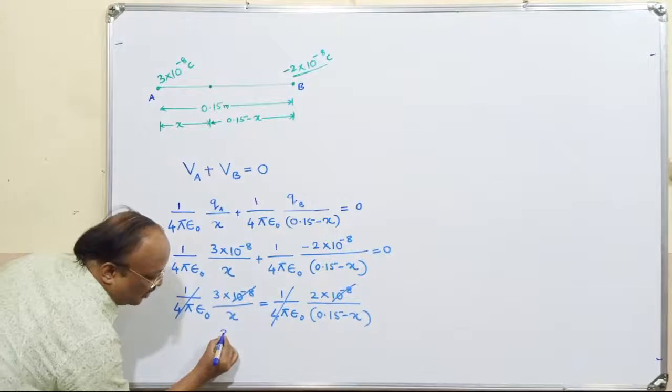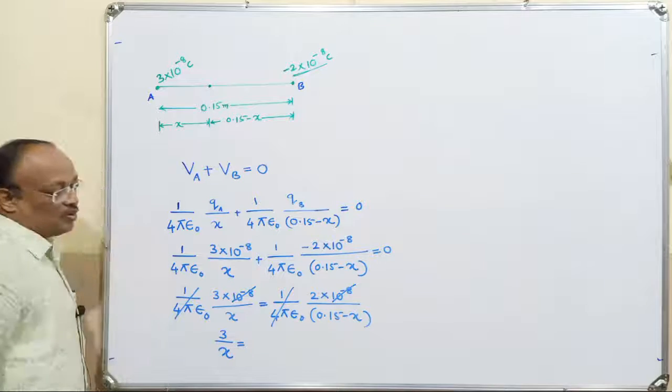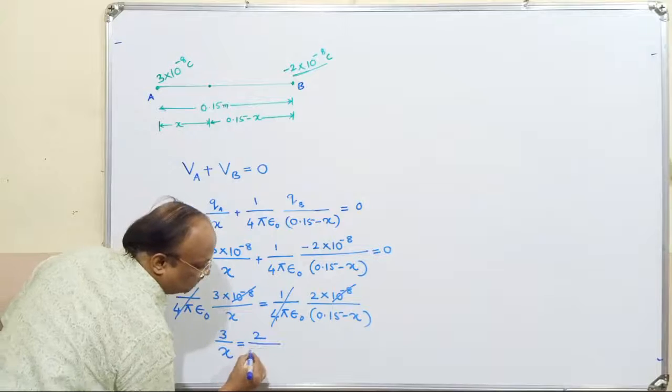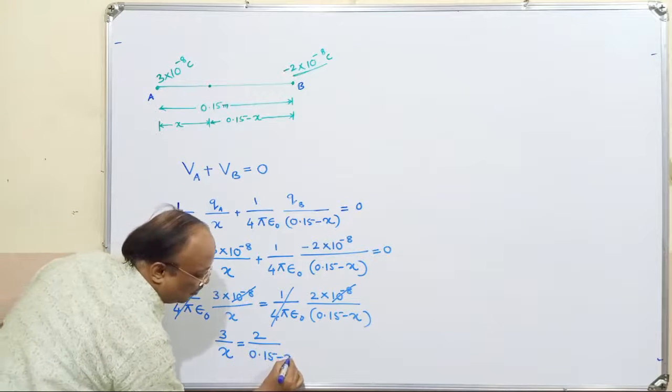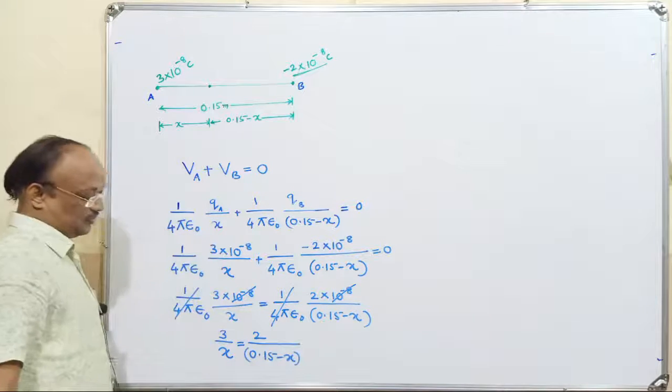Now what is left out? 3 by x is equal to 2 divided by (0.15 minus x).